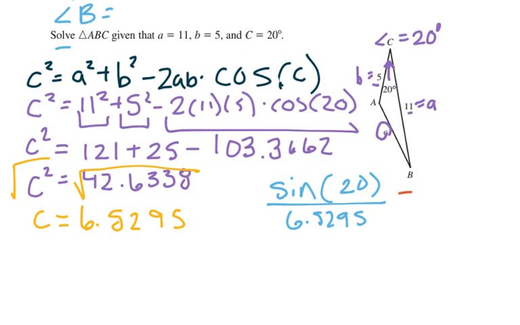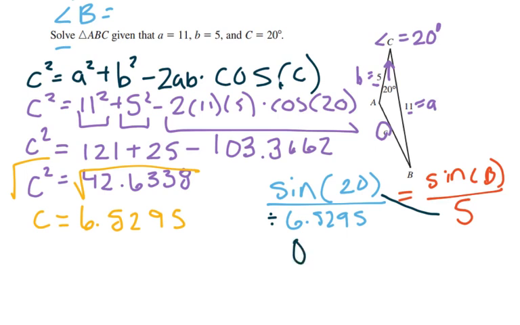And then I can set that equal to sine of B. We don't know what B is yet, but I do know that side length b is 5. So, to solve this, I'm going to cross multiply, 5 times sine of 20, and then divide by the decimal we just got. So sine of 20 degrees times 5, and all of that divided by that decimal we got.